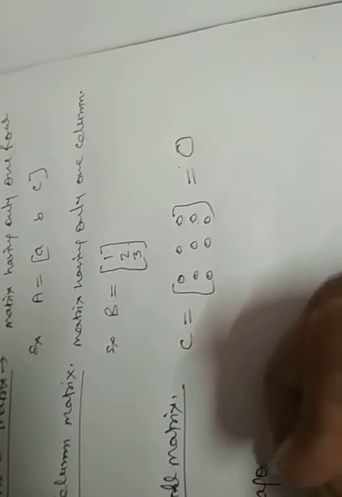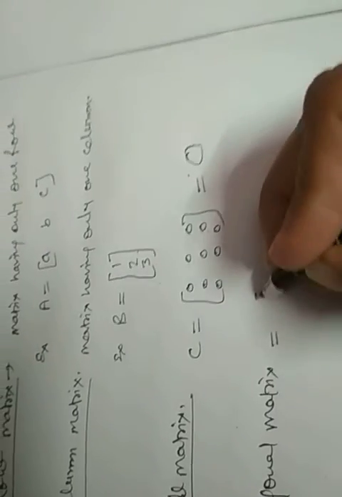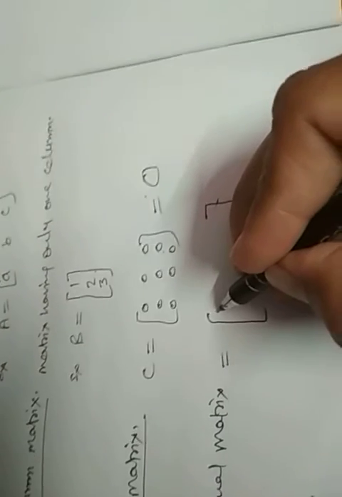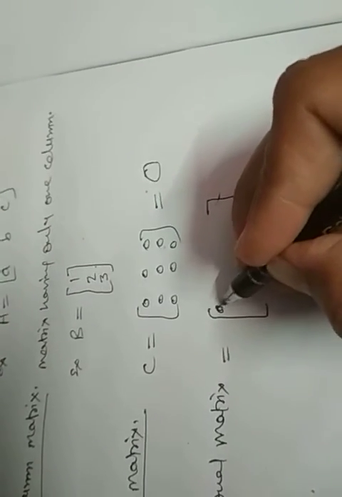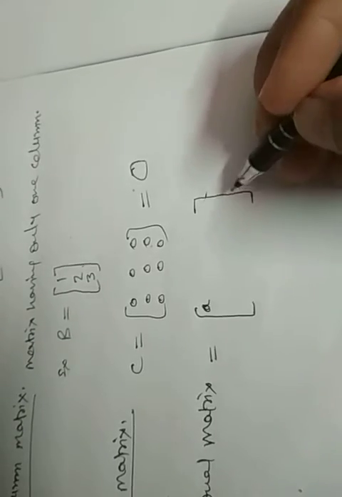And diagonal matrix. In a diagonal matrix, only the main diagonal elements are there and the other elements are 0. What is the main diagonal? The main diagonal runs from the left upper corner to the element written in the right lower corner.